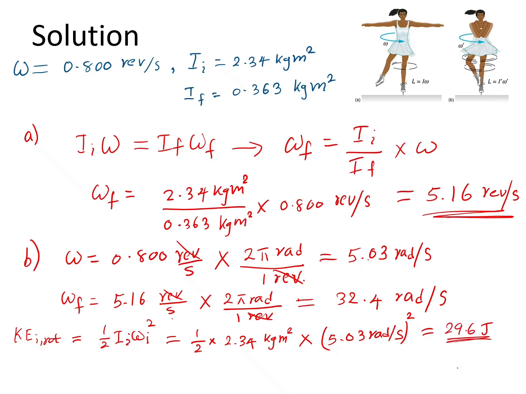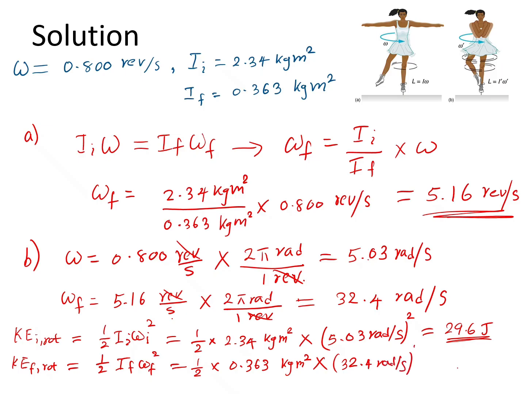And the final rotational kinetic energy, KE final rotational, equals half I final omega final squared, and we get half times final moment of inertia, 0.363 kilograms meter squared, multiplied with final angular velocity, 32.4 radians per second, squared, and we get 191 joules.